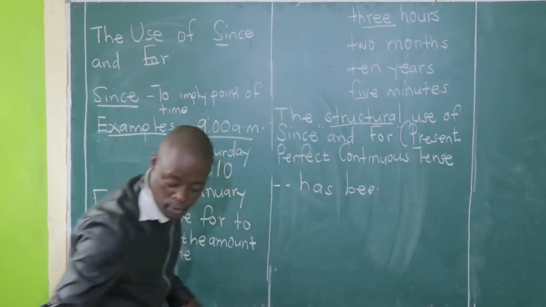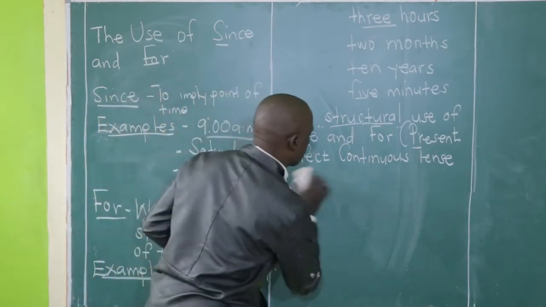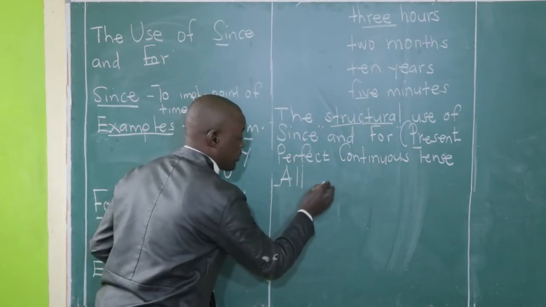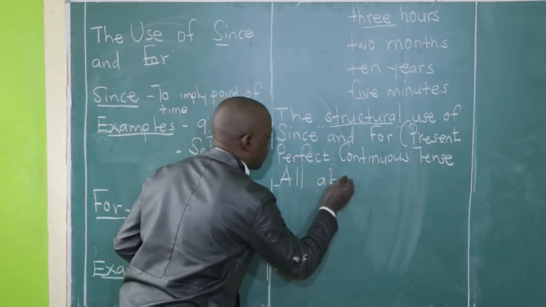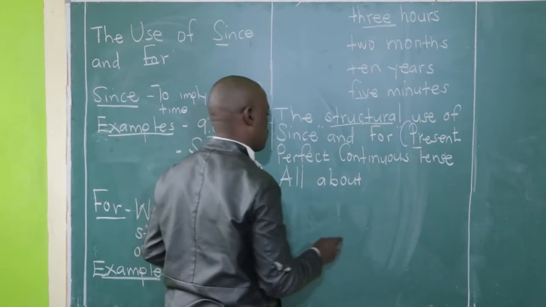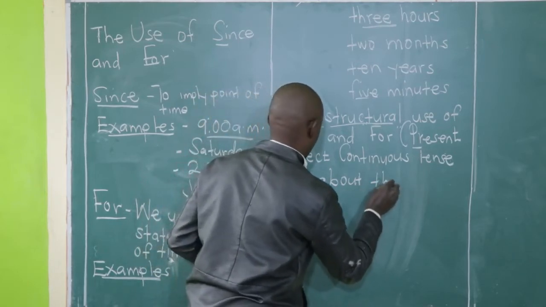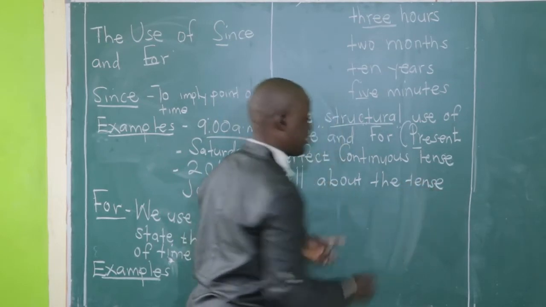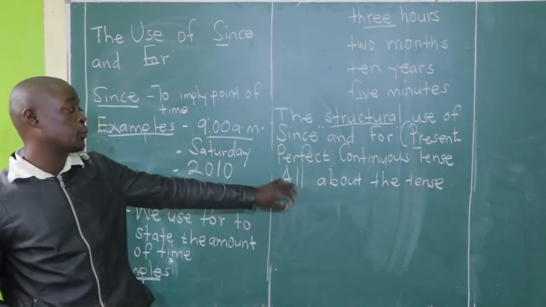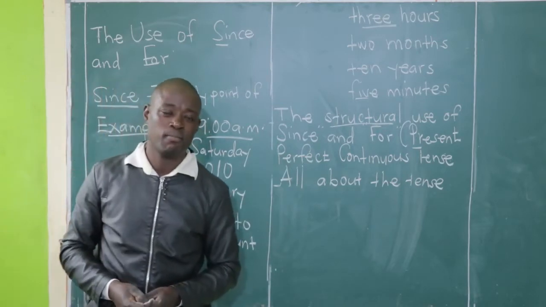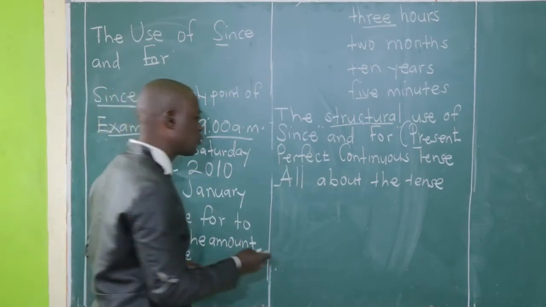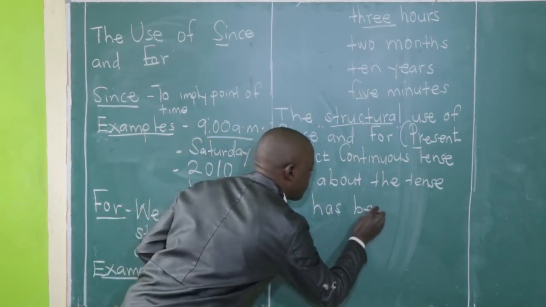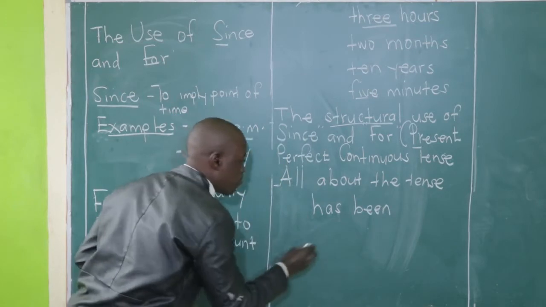Let me be specific a little. Let me give you a brief background about the tense. And the tense I'm referring to is the present perfect continuous tense. This tense has something to do with the use of these helping verbs, a combination of them.